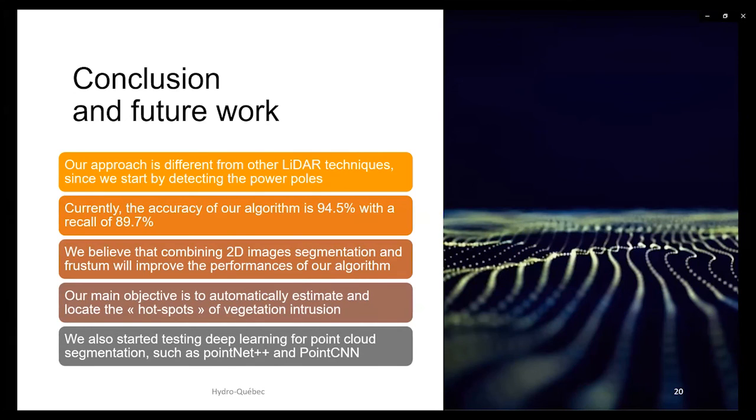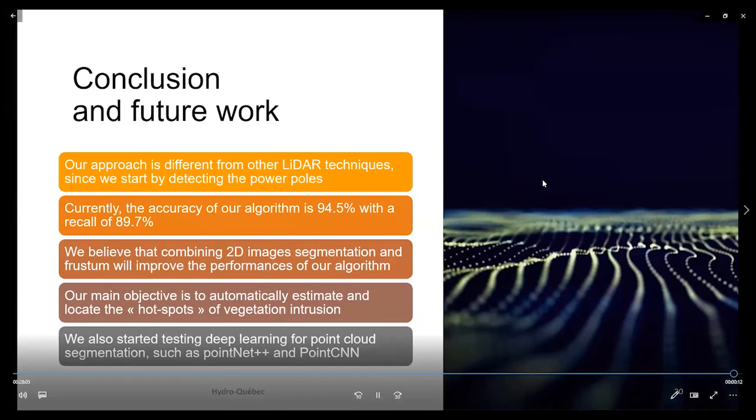And finally, we started testing deep learning algorithms to analyze point clouds. Those architectures, like PointNet++ or PointCNN, are able to process point clouds in order to detect objects like PCL. So thank you for your attention.